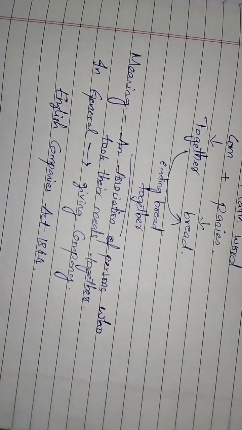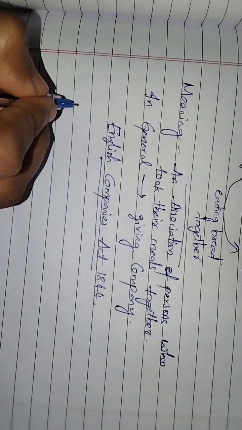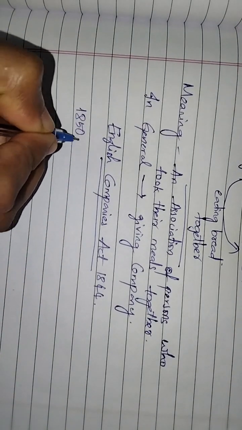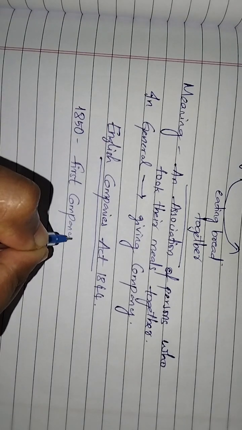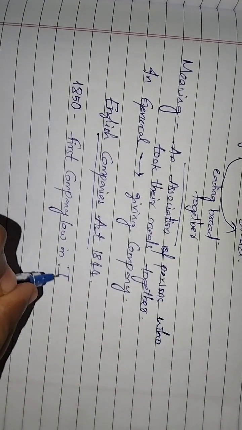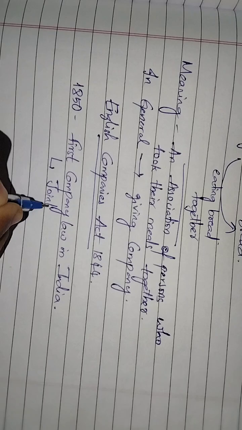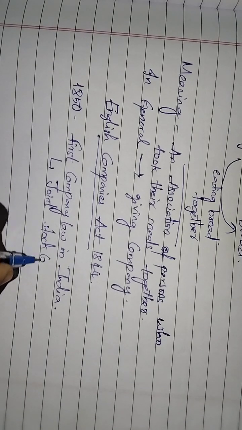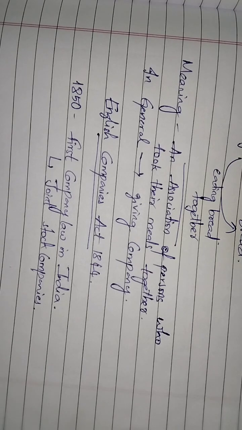1844. The concept was taken from this act, and in 1850 the first company law in India was implemented. What did it state? It stated about joint stock companies.